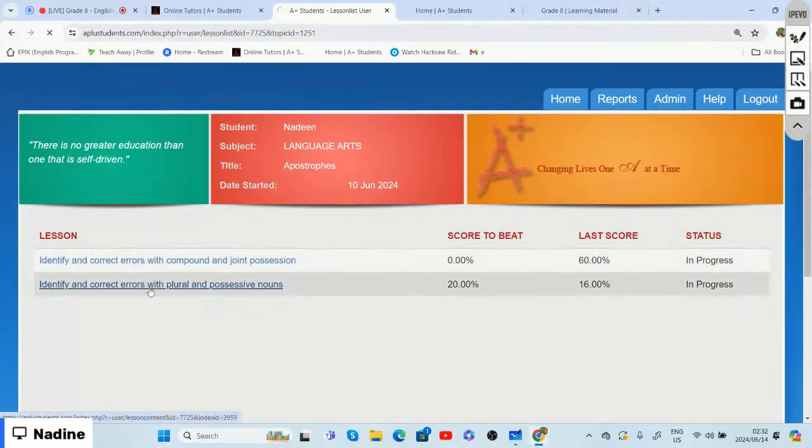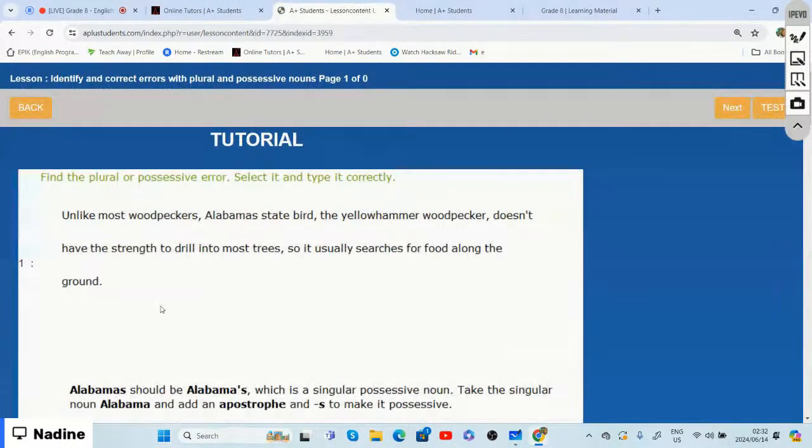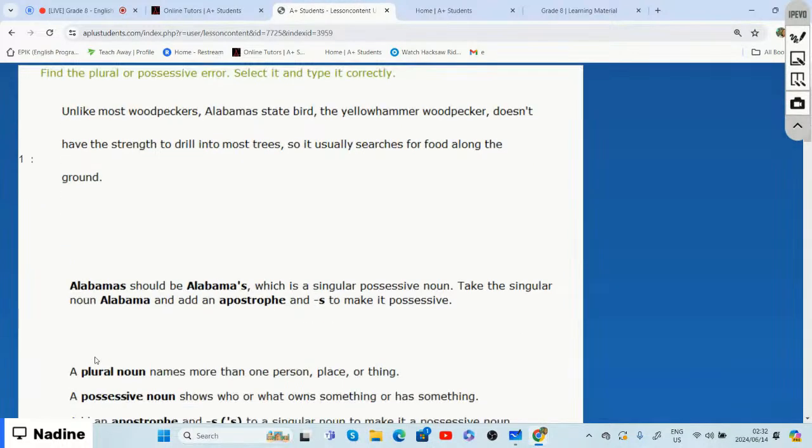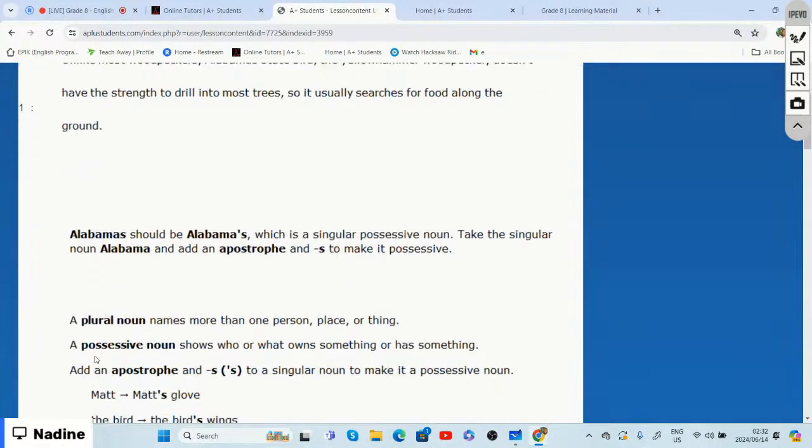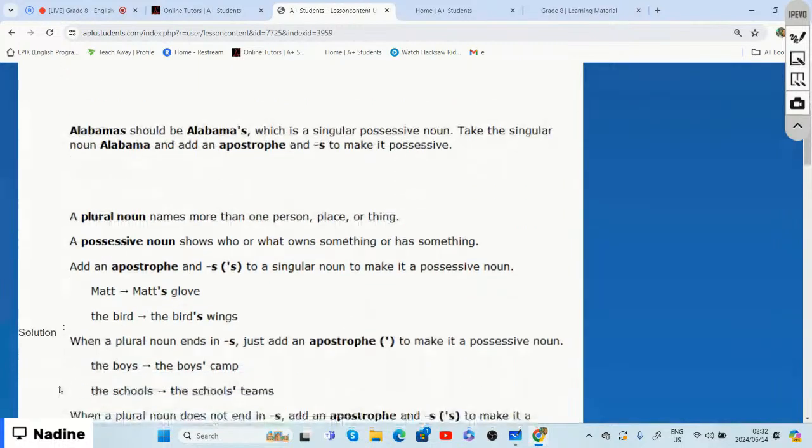All right, now we're going on to identify the correct plural and possessive nouns. A plural noun names more than one person, more than one place, or more than one thing, right?